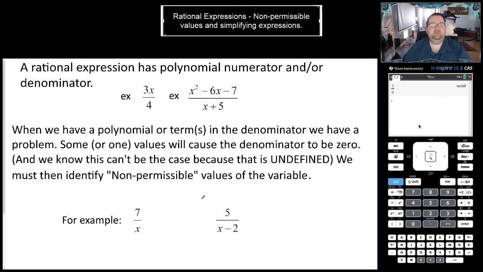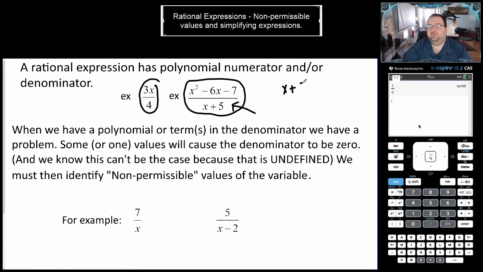Okay, let's get started. So here's two examples of rational expressions. We have 3x minus 4, and we have x squared minus 6x minus 7 over x plus 5. And remember, you can have variables in your numerator, and you can have them in your denominator. That's fine. So when you have polynomials in your denominator, though, we're going to have a problem, because if we look at this expression here, we know that the entire denominator cannot equal 0.